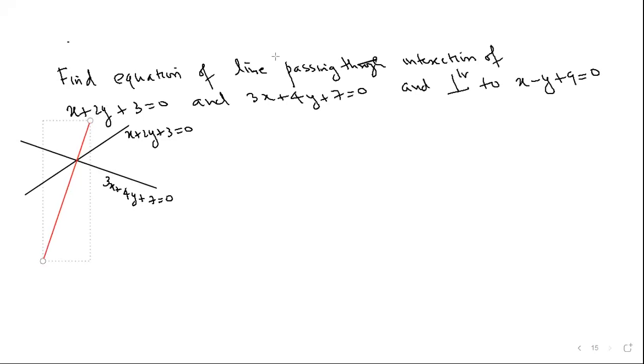And this line is perpendicular to a third line that I'll draw with blue color. And the blue line is x minus y plus 9 equal to 0.